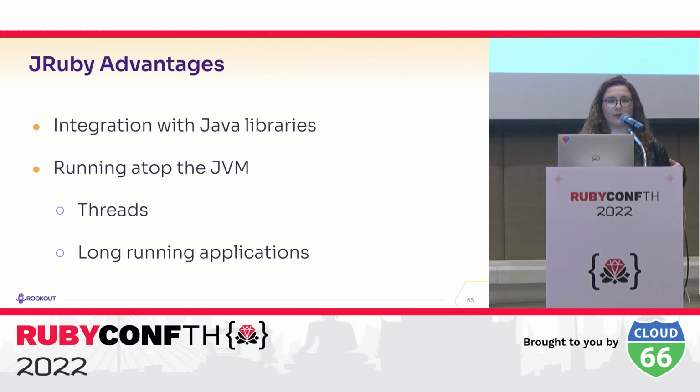As well as running atop the JVM, and the JVM is really good with long-running applications, performance-wise, because it optimizes it. The more the code is run, the more it optimizes it, and it works well with threads, and it's also usually very stable, so it's really good for long-running applications.